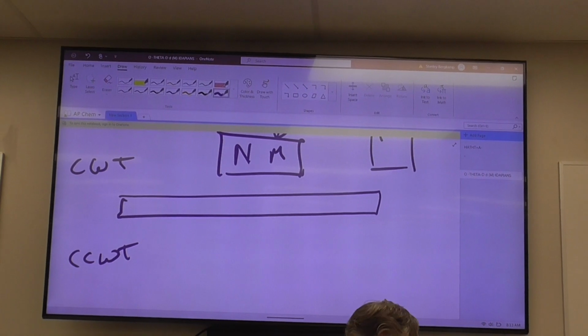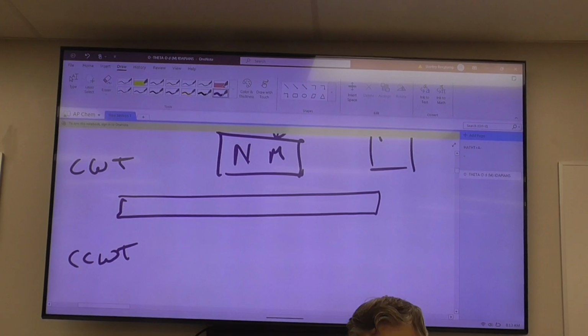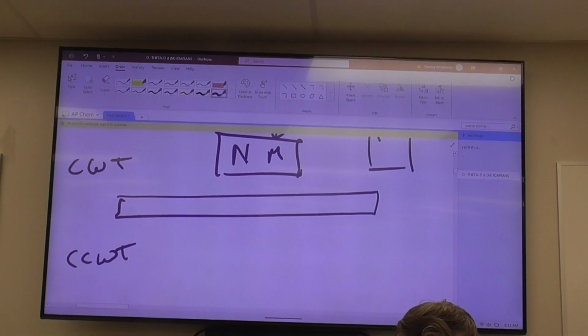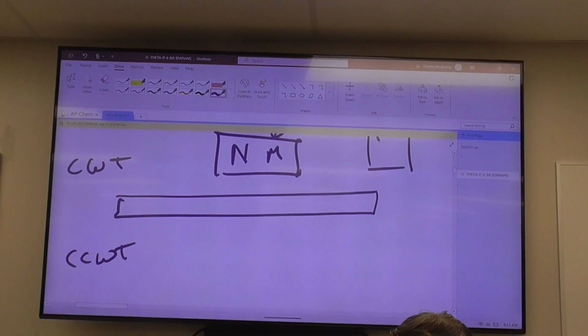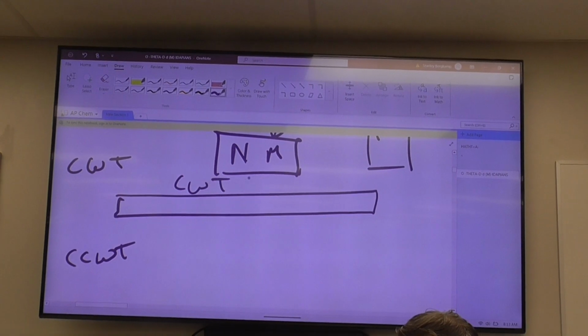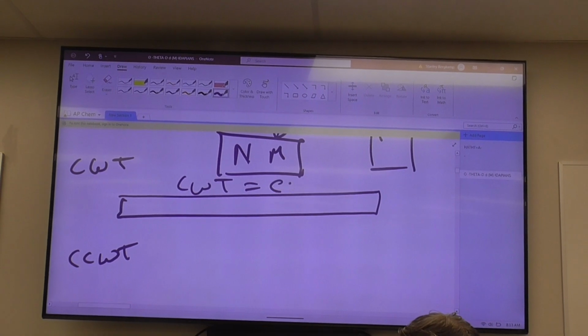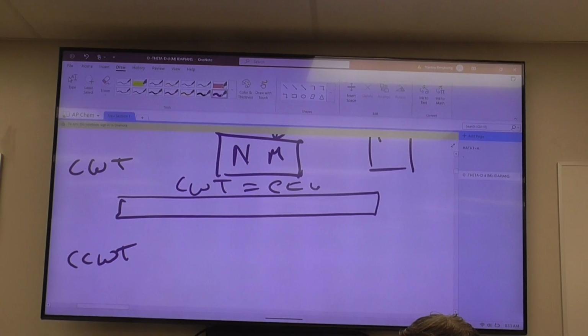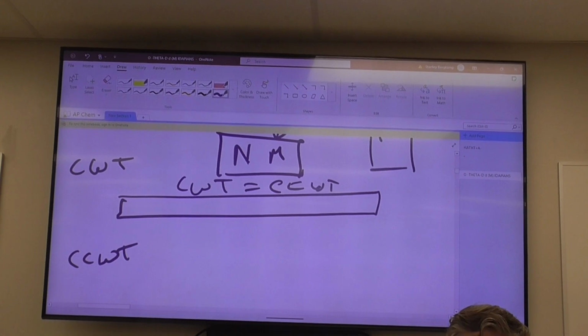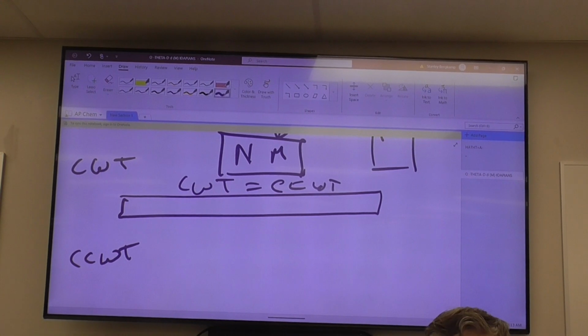Counterclockwise, this will go down back to the left. So if you look at this thing balancing out, the clockwise torque has to equal the counterclockwise torque. That's what allows this 100 gram mass to balance out the 200 gram mass.